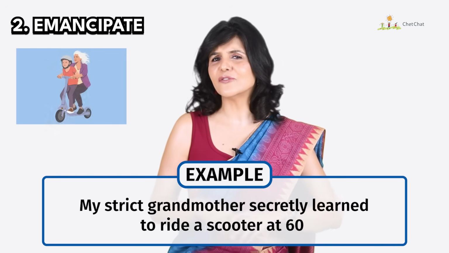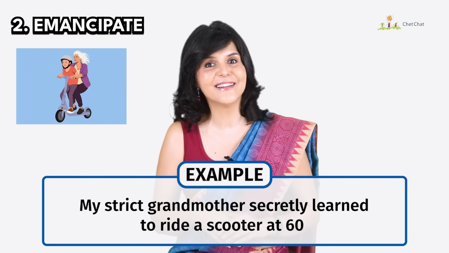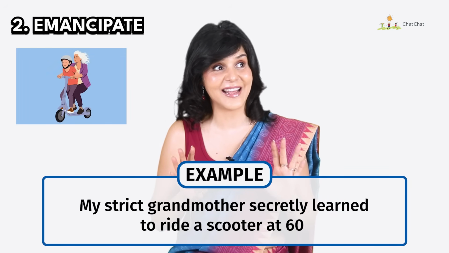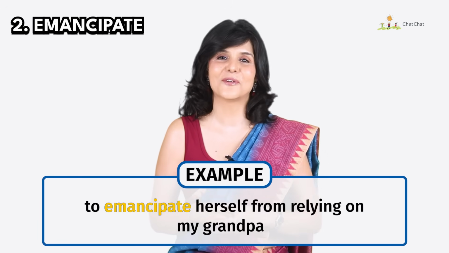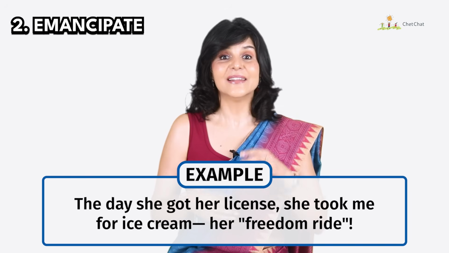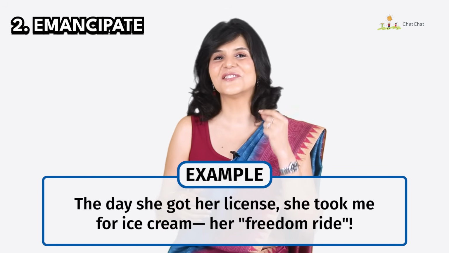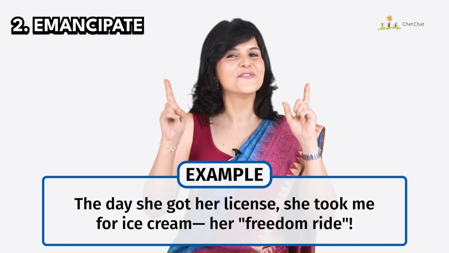Example, my strict grandmother secretly learned to ride a scooter at the age of like 60. She wanted to emancipate herself from relying on grandpa. The day she got her license, she took me for ice cream, her freedom ride. So in a sense, the first 2 words are opposites, emancipate and captivity.